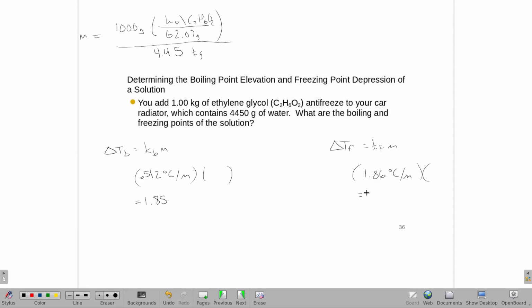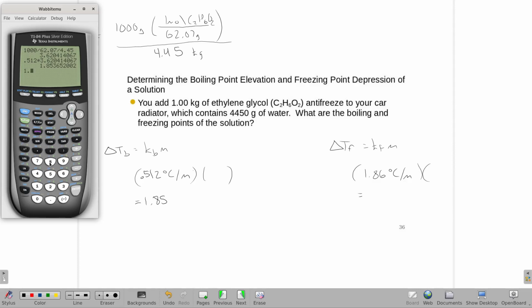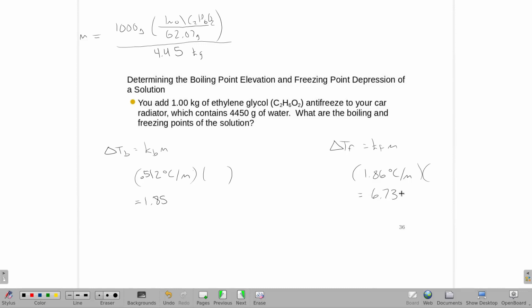So over here for TF, 1.86 times the molality, and I get 6.73. Now these are both just delta T's. They're not actual temperatures per se.